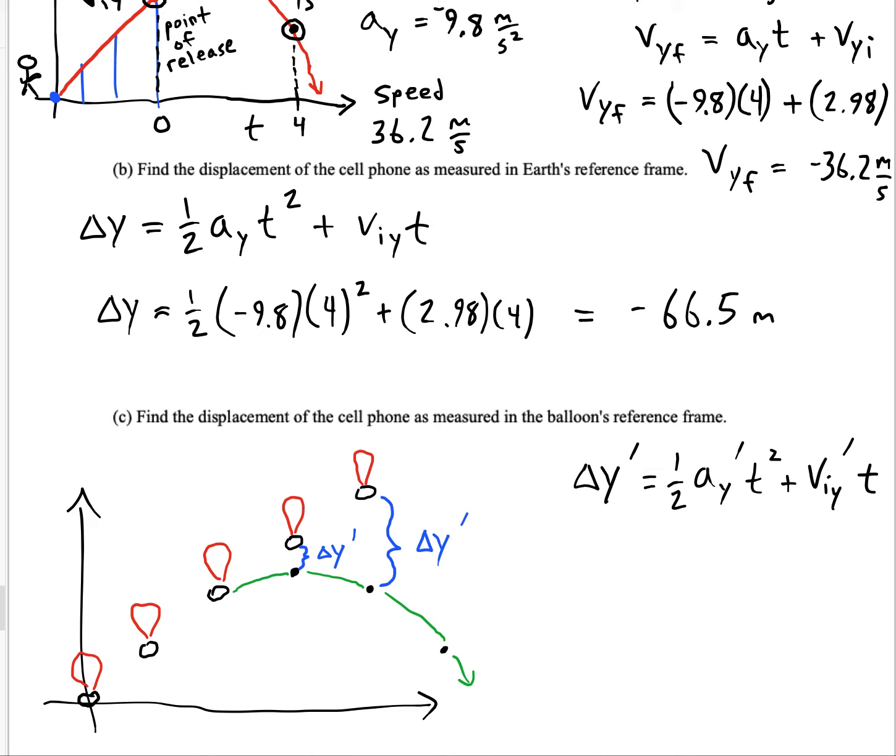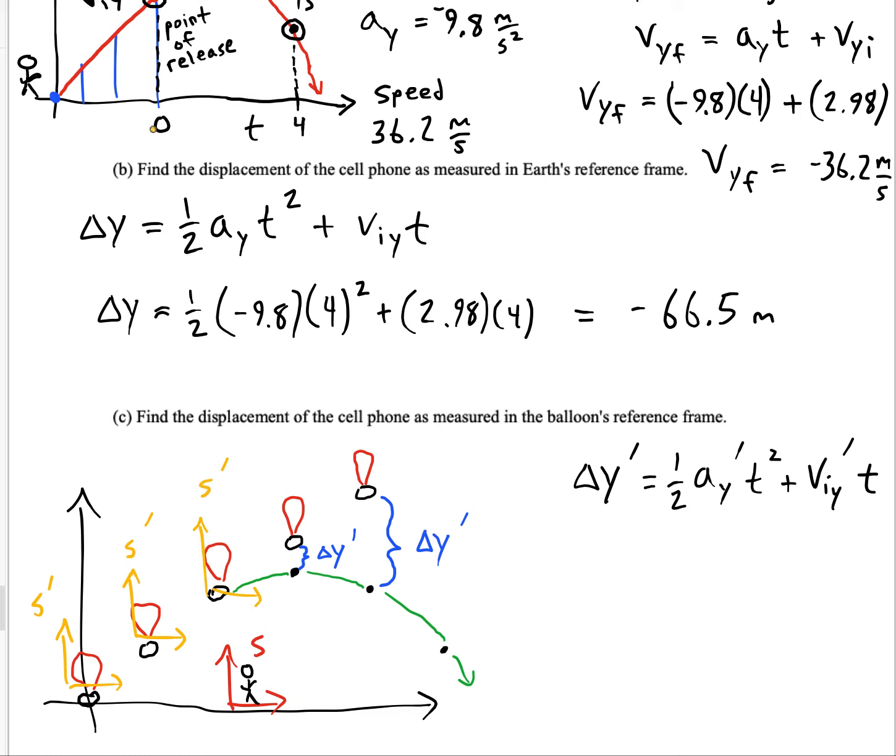One thing about acceleration is that if you're in any constant velocity reference frame, so like let's say you've got here your frame S, which is stationary on Earth relative to the person on Earth. Then you could have another frame, S prime, and let's say that S prime is the balloon's frame.